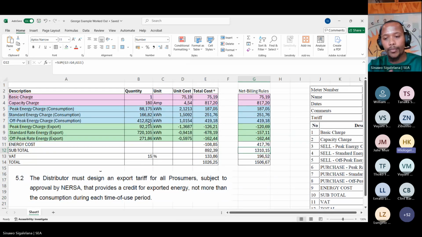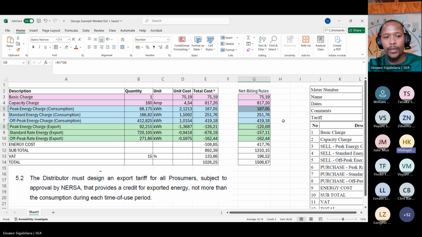Thank you, sir. Makes it very, very clear. I just want to then ask, when you do your net billing, right, that would mean that in peak, you are looking at 187.05 plus or minus one, the difference between that essentially, which would be 67, right?